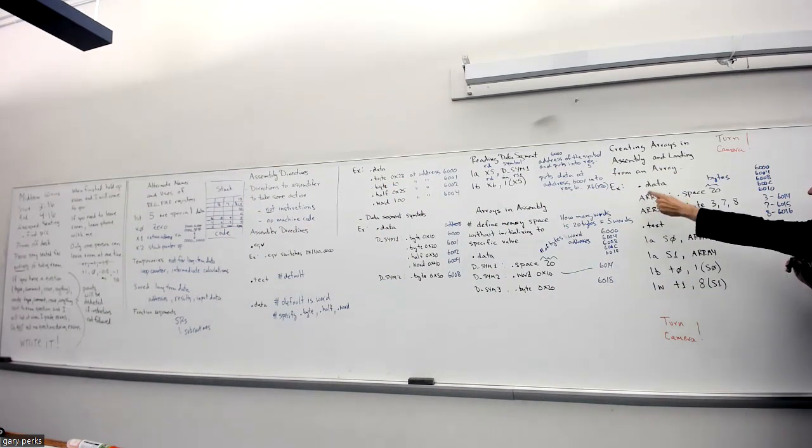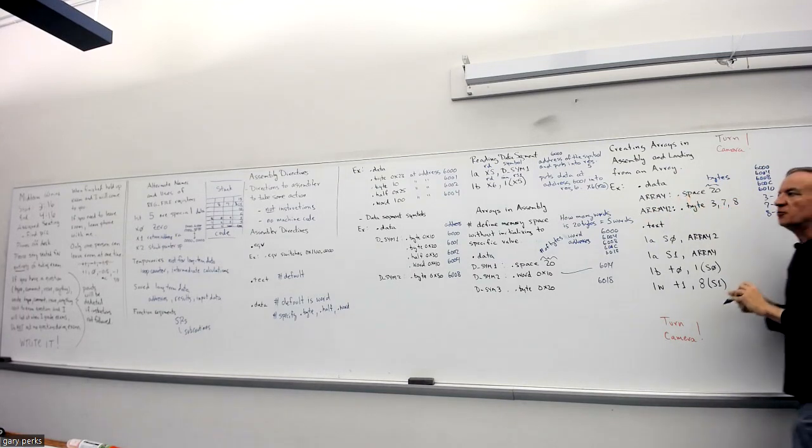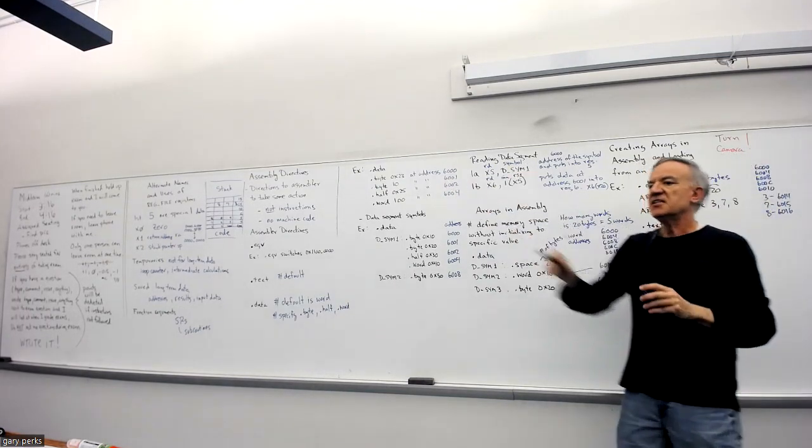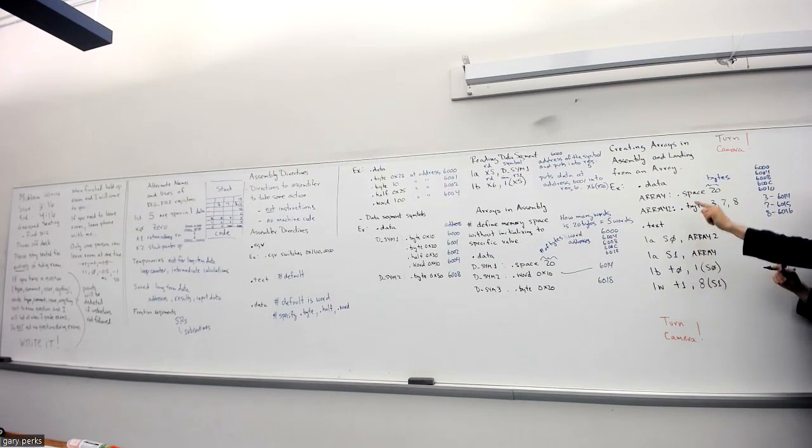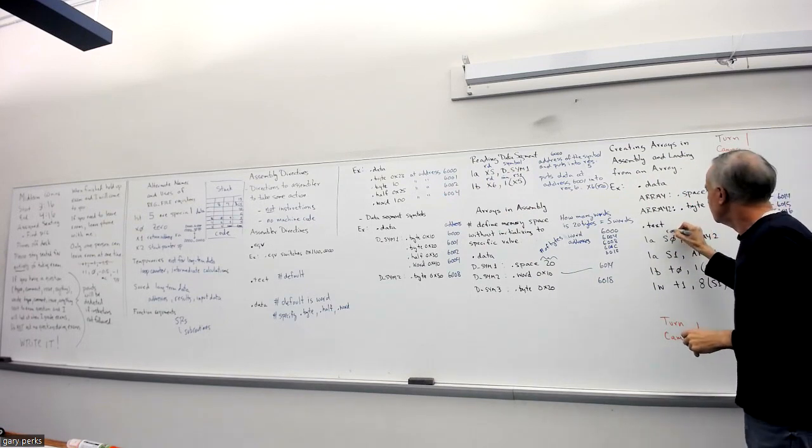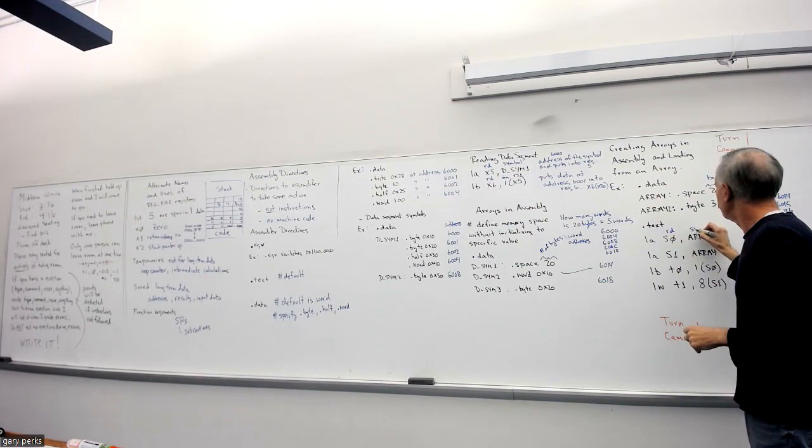Okay, so see, that's creating the data we have in the data segment. Now, to read from array, that's when you use the LA instruction along with either LB, LW, or LH, depending whether you're reading a byte, word, or half word. This is your destination register, this is your symbol.